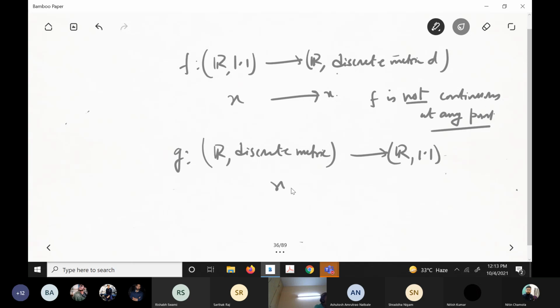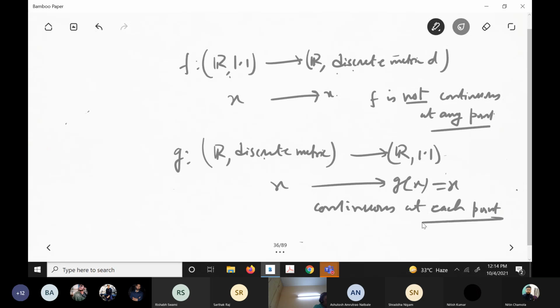It is the identity function, but I'm calling it g because I have changed the domain and codomain: the range was the domain here, and the domain was the range here. This is continuous at each point. You should check why it will be continuous in that case. It is not continuous here, but it is continuous here at each point.